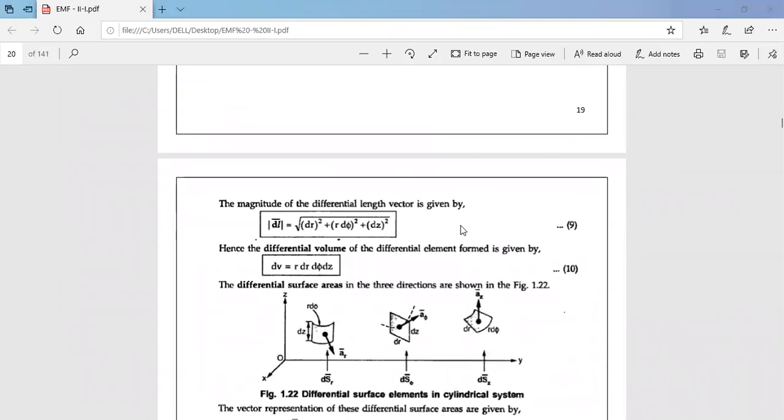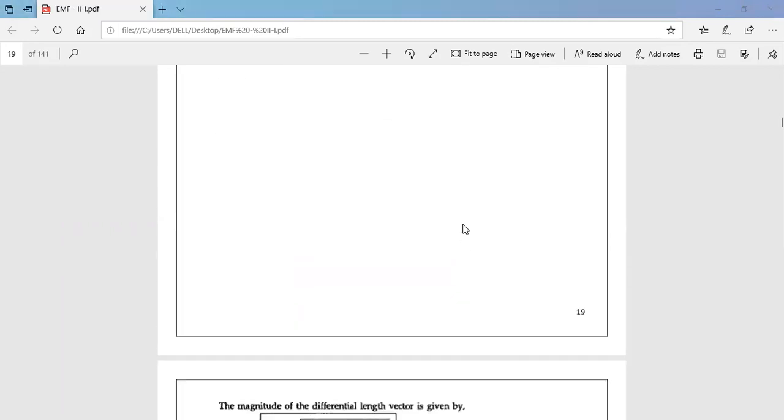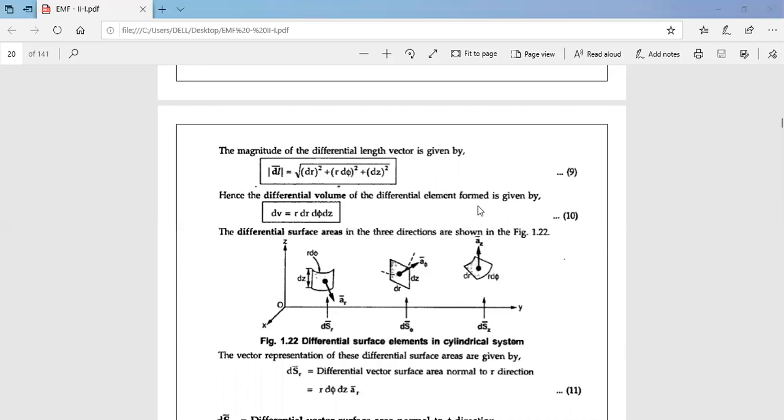Just like the absolute value of the length in Cartesian is the square root of x squared plus y squared plus z squared, your absolute value here would be the square root of dr squared plus r d phi squared plus dz squared.